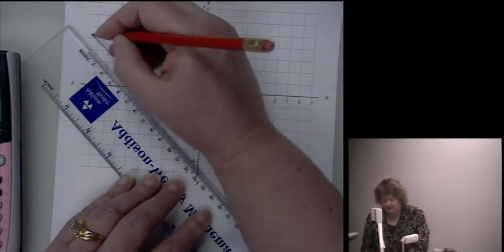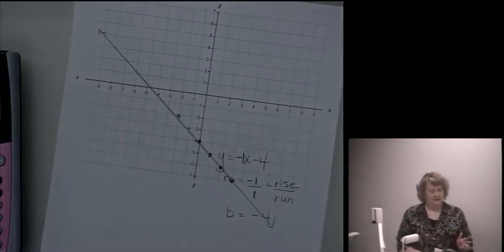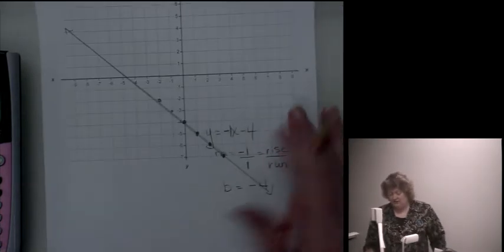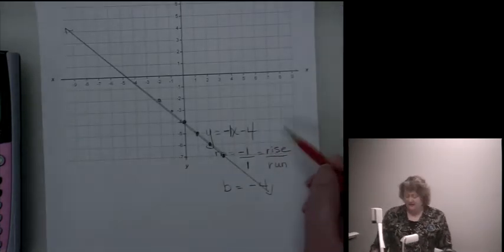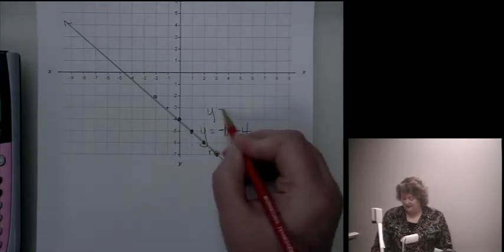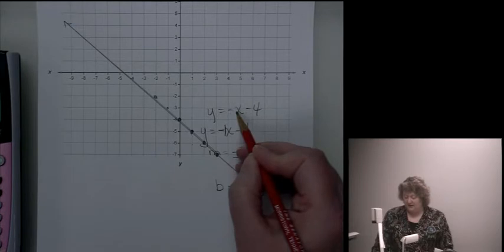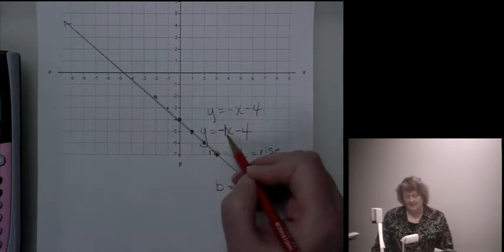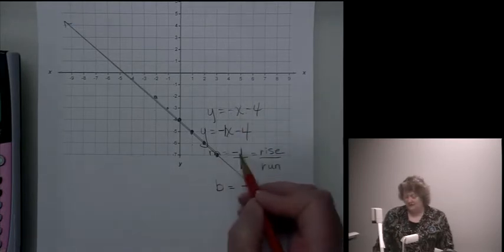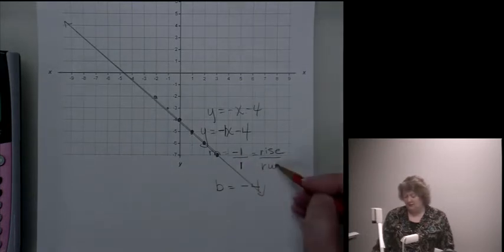Some of you will get this and understand how to move in reverse with no problem. Others of you will have difficulty with it. But what I do want you to understand as we do this is how to look at y equals negative x minus 4 and understand that that's negative 1x minus 4, so that your slope is negative 1, that the slope is written over 1, and you get rise over run.